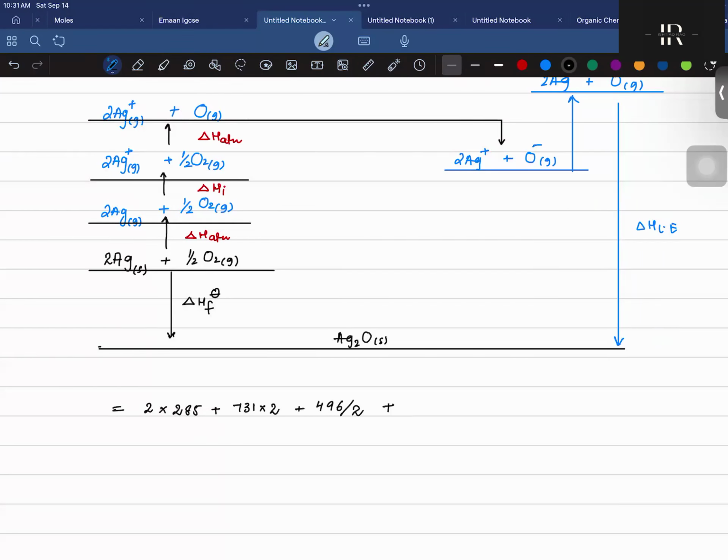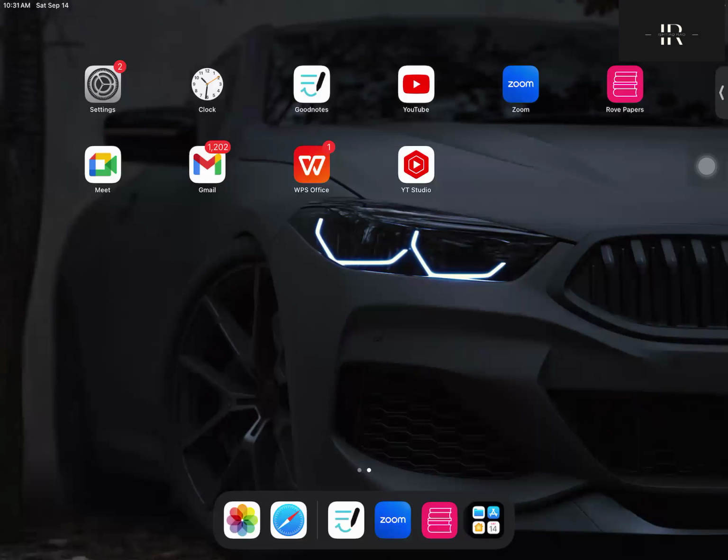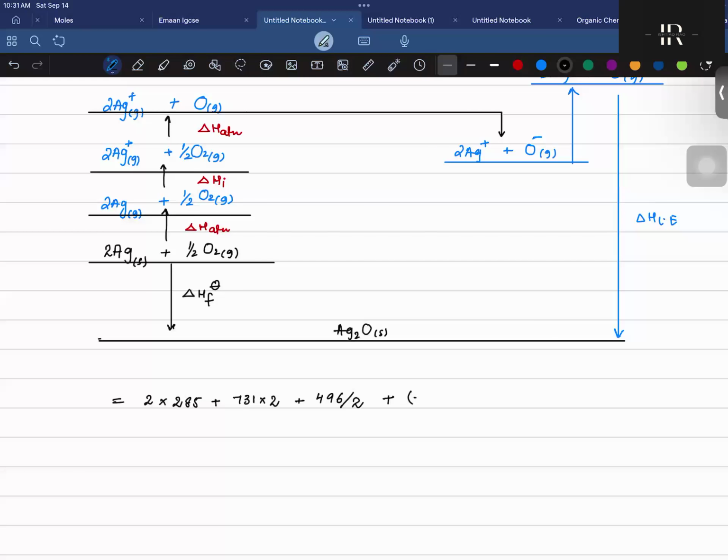Then I need the 2 electron affinities, the first and the second. First electron affinity is minus 141. I'm not multiplying or dividing this value by any number because we have a single oxygen.